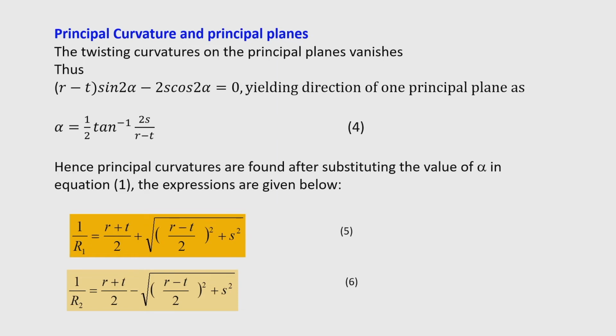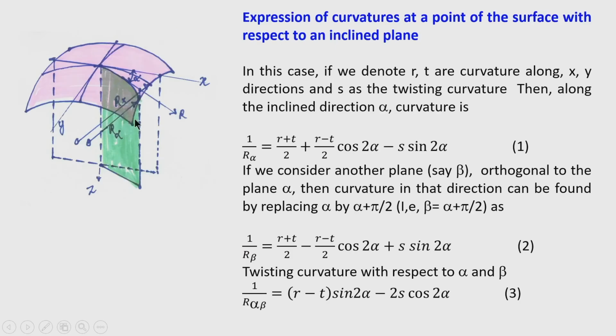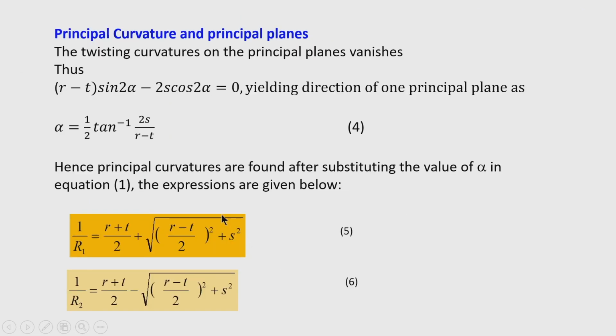So, now substituting alpha in this expression, we can find the principal curvatures. Substituting alpha here, and after simplification we can find two principal curvatures, 1 by r 1 and 1 by r 2. 1 by r 1 is the major principal curvature, that is r plus t divided by 2 plus root over r minus t divided by 2 whole square plus s square, and 1 by r 2 will be r plus t divided by 2 minus root over r minus t by 2 whole square plus s square.